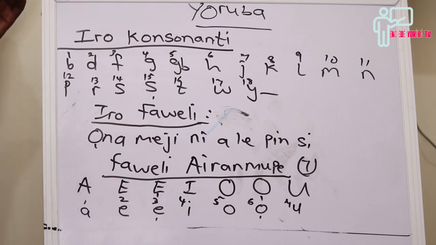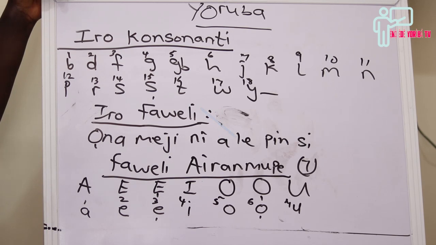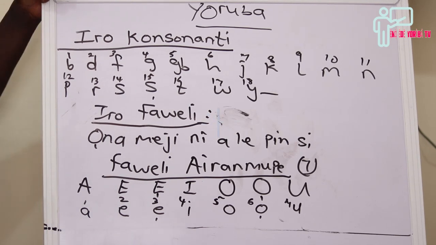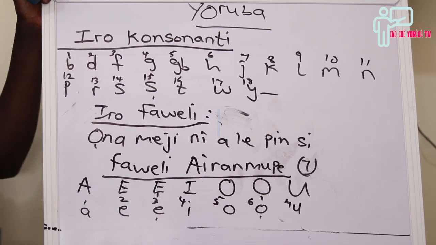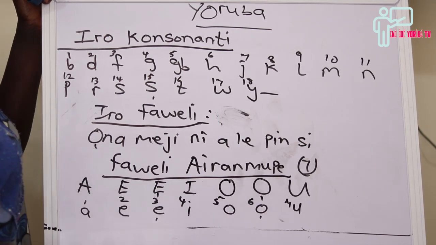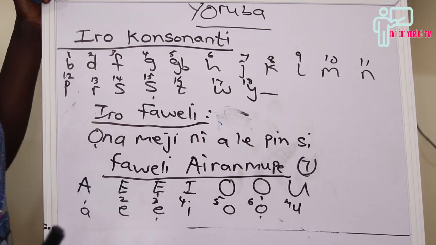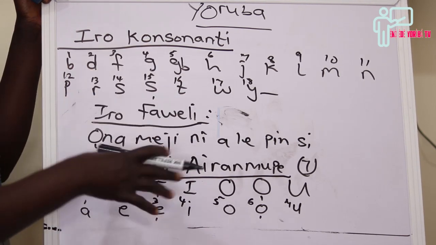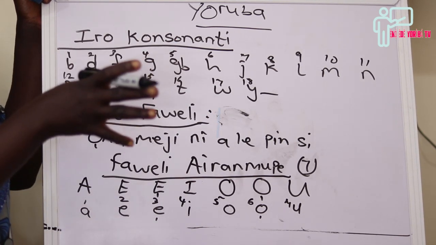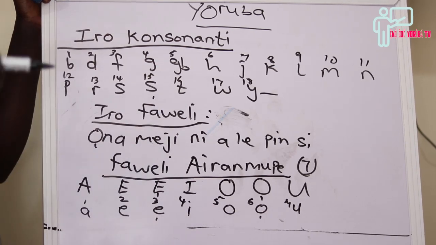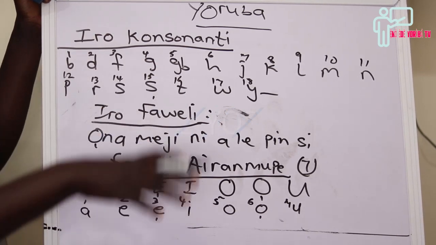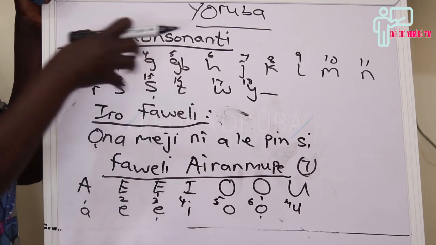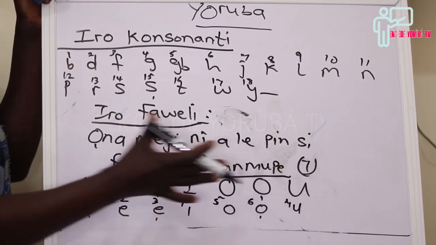Ó yá jẹ́ ká. A, E, Ẹ, I, O, Ọ, U. The other time I told you that the one that we circle out of the alphabet, àwọn tí a yọ kúrò tí mo ká ilé mọ́ nínú alphabet Yorùbá, these are the ones.